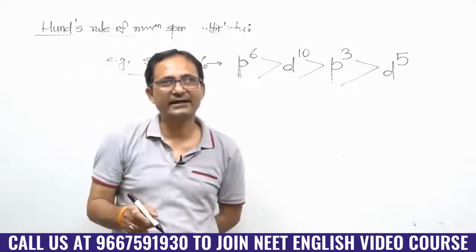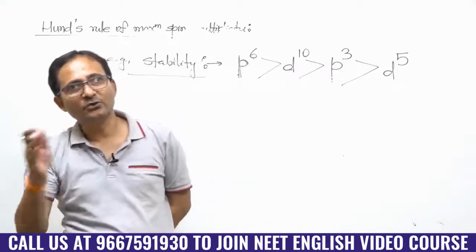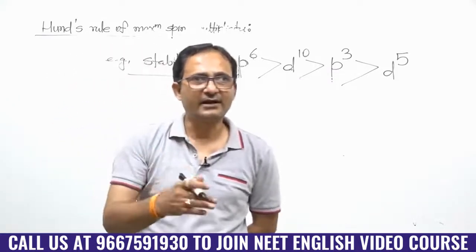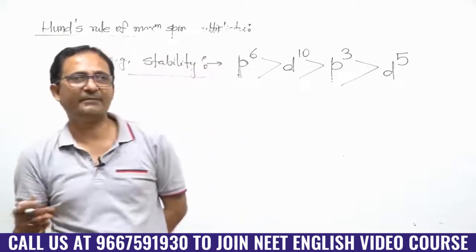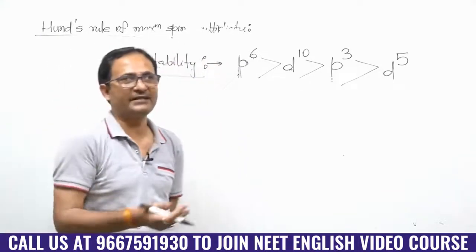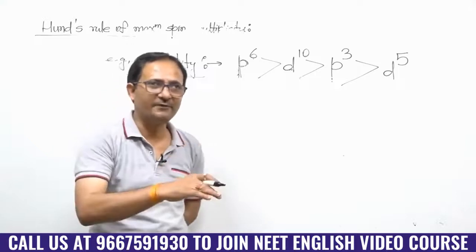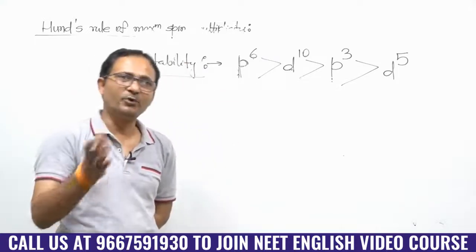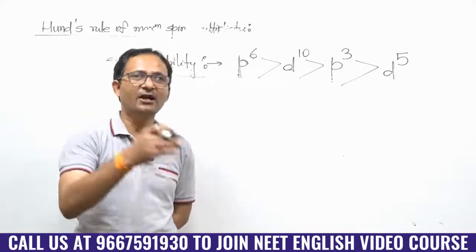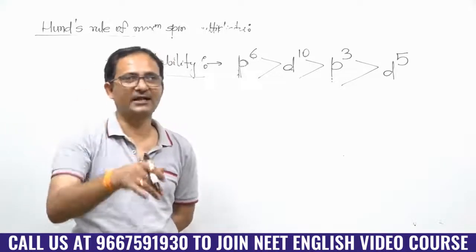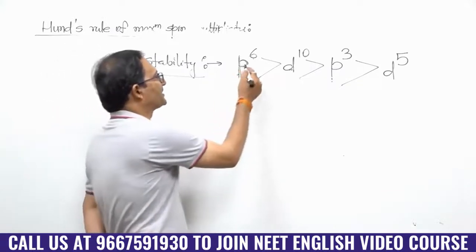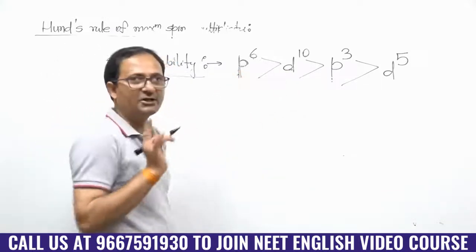So what I said earlier, if there are two different subshells and their condition is the same, meaning both are fully filled or half filled, then the position of the subshell will dominate over the number of exchanges. Therefore P6 is more stable than D10.